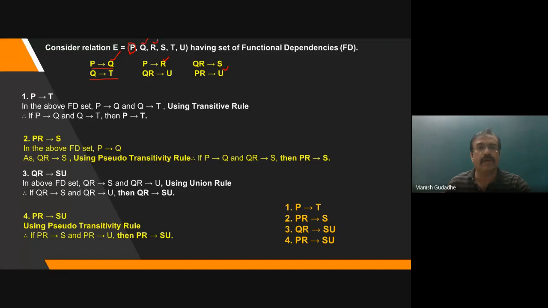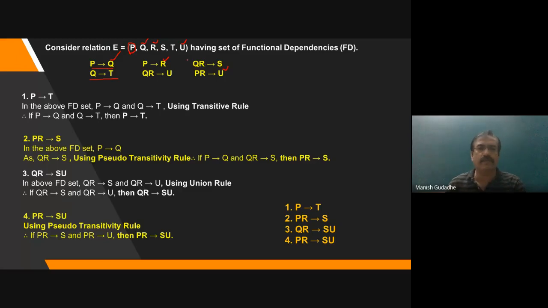P, Q and R can be directly inferred or directly determined by P. So Q, R and U are the attribute closure for attribute P. That is the way we are finding out attribute closure for one attribute or for a set of attributes also.